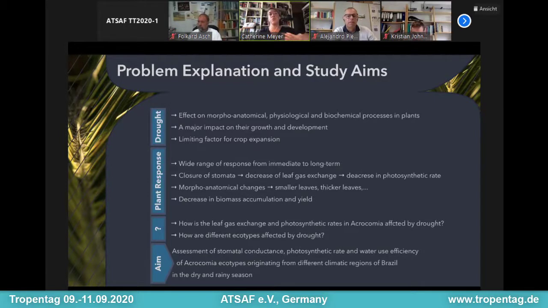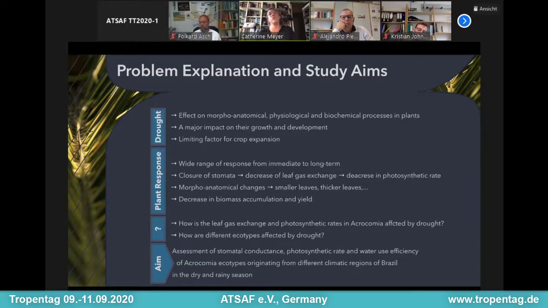The immediate response is closure of the stomata and consequently a decrease in the photosynthetic rate. In the long term, drought results in a decrease in biomass accumulation and yield. So regarding Acrocomia, the questions are how the leaf gas exchange and photosynthetic rates are affected in the dry season and what the impact is on different ecotypes.